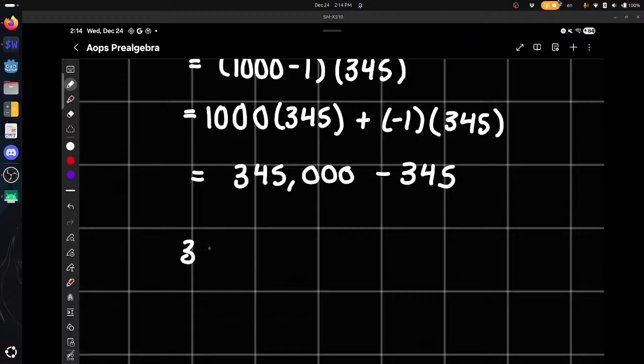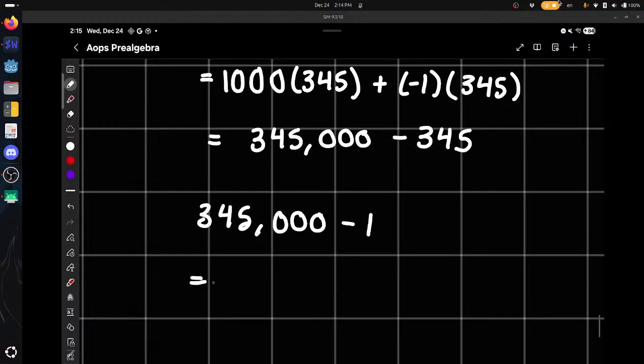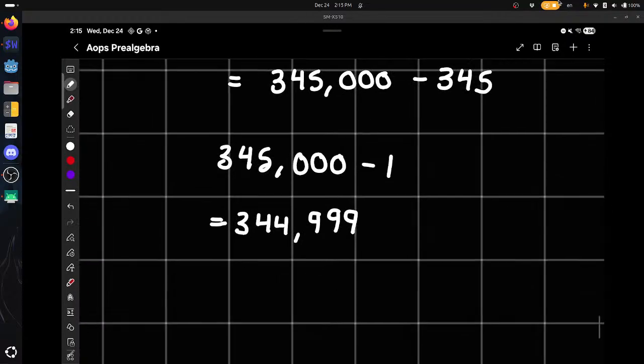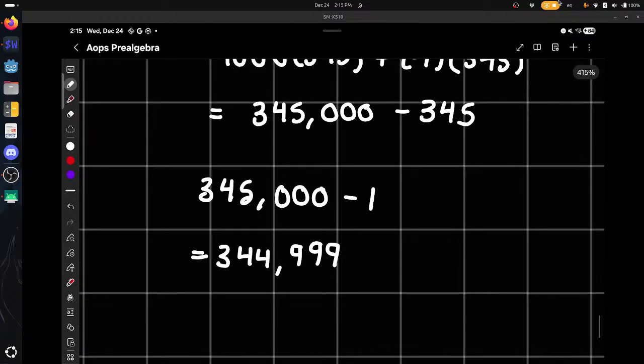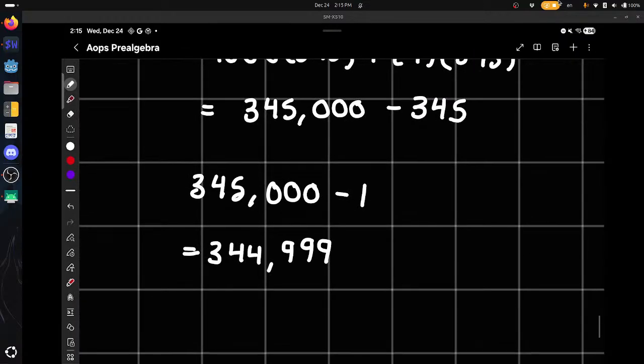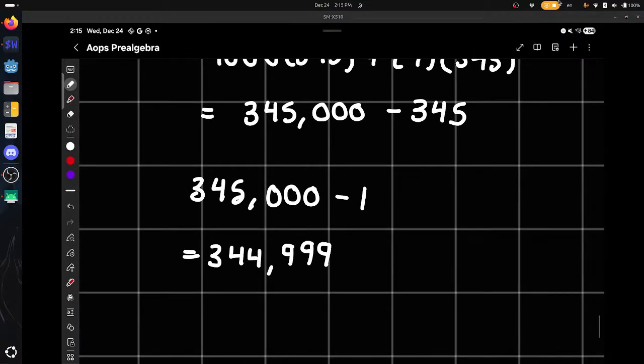Like, what is minus 1? That should be this, right? And then this makes the subtraction a lot easier.